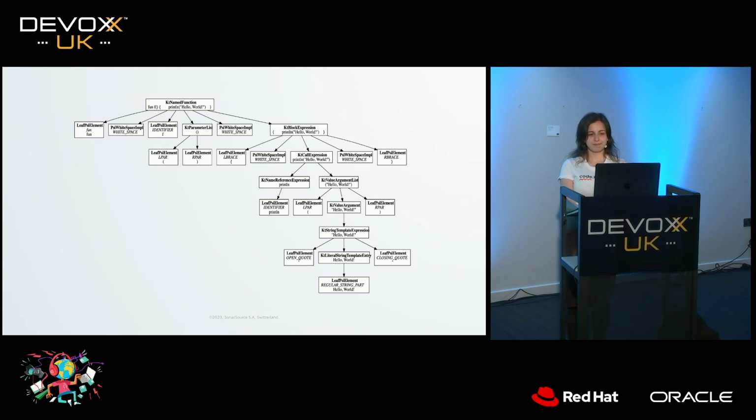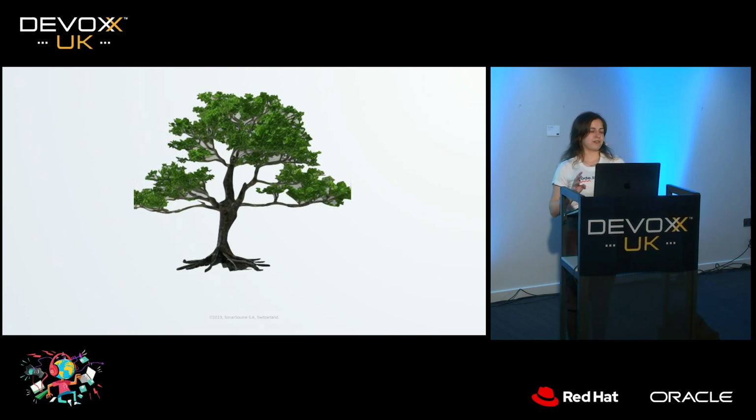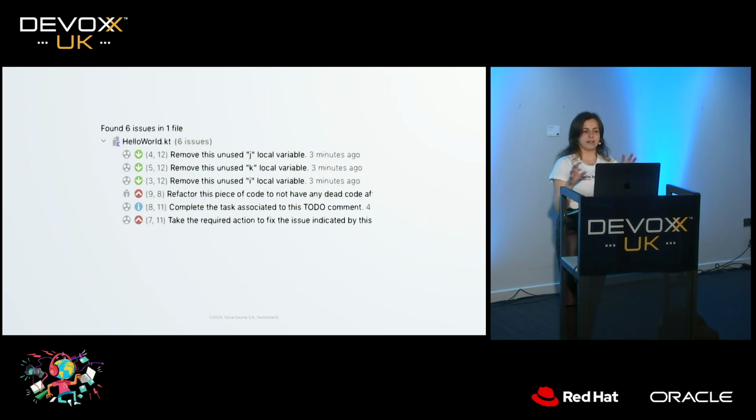As this is a tree, in my presentation we'll often refer to it like this, so I don't show you that ugly structure. And these are, for example, the issues that static analyzers can report. By looking at this abstract syntax tree, we can find things like something is unused, there is some to-do comment, or there is a piece of dead code or something else.